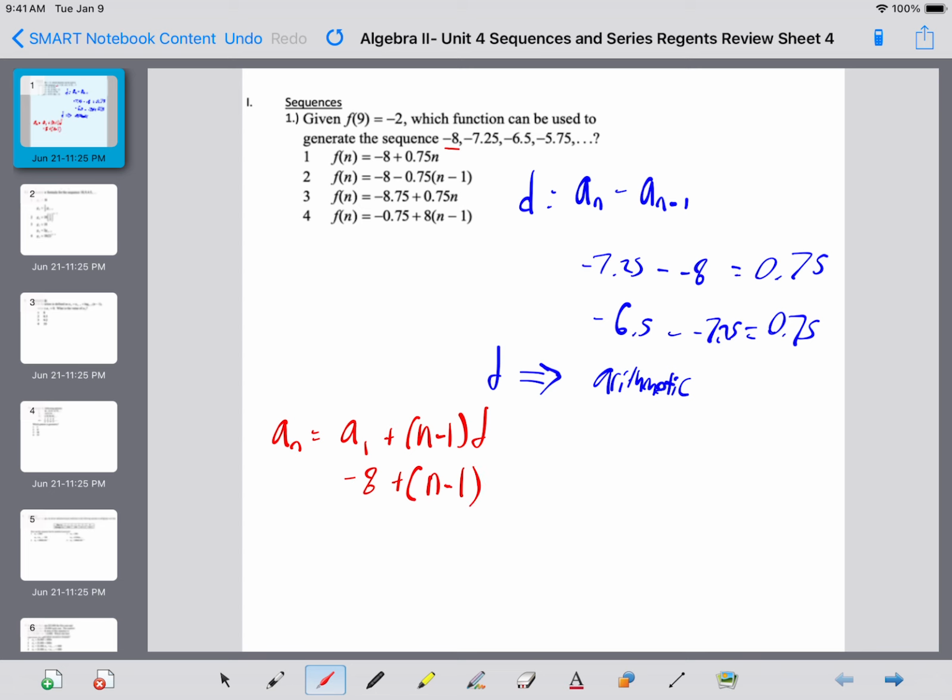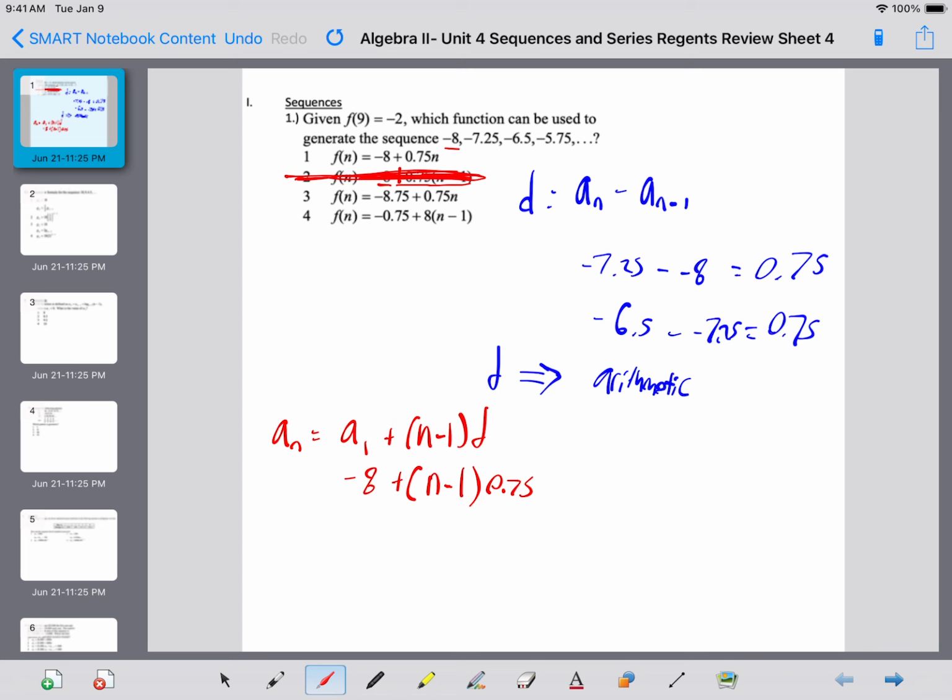Because we want to be able to plug in any number per term. And then the common difference was 0.75. Now, this looks very similar to our answer, but there's a minus sign and not a plus sign. So they tried tricking you there. You've got to be careful of that. Really look at each answer choice.